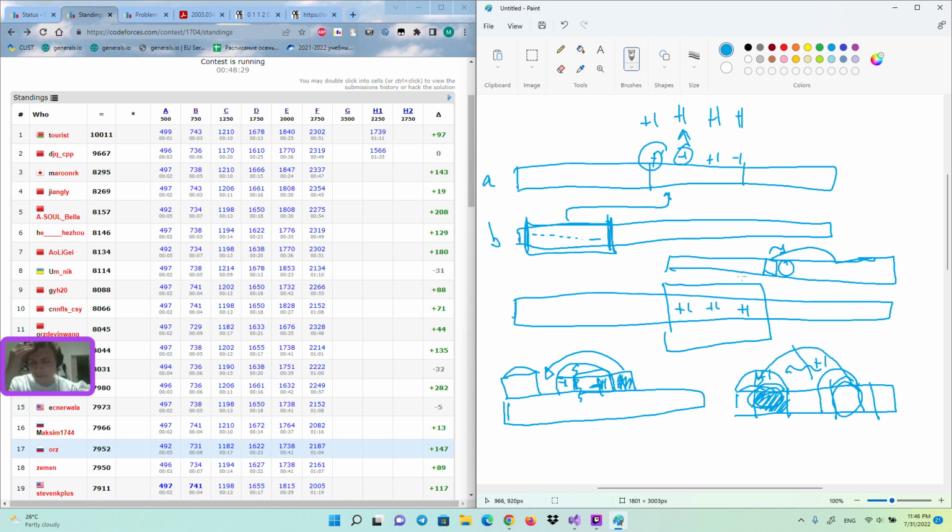Oh, I forgot how we calculate prefix function. We have the longest segment of... coincidence.